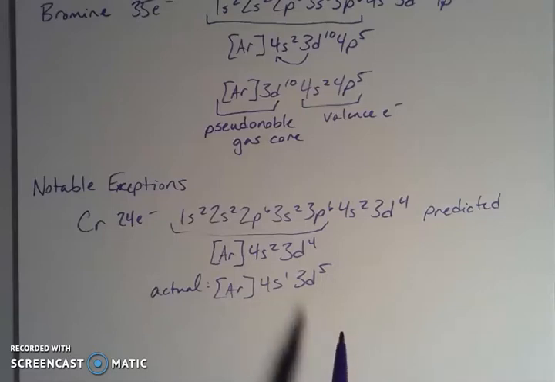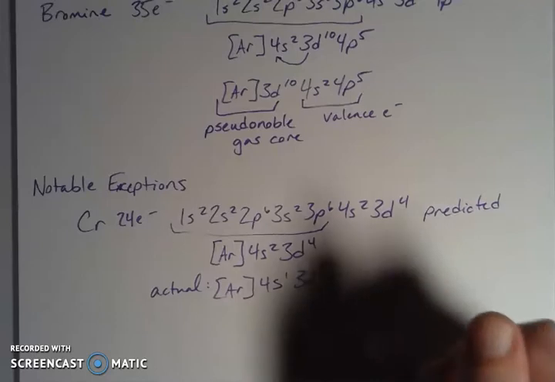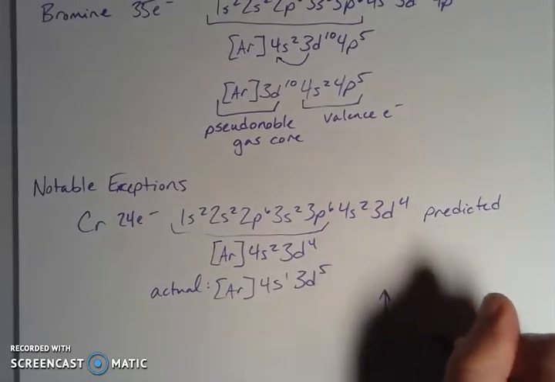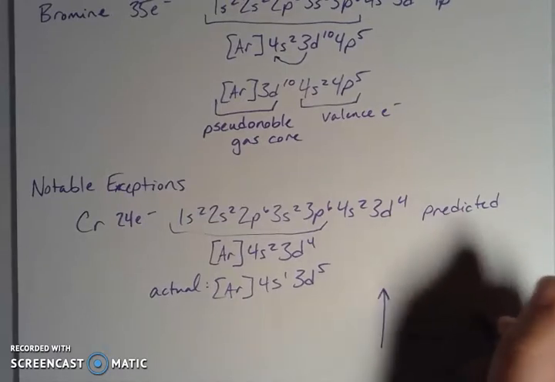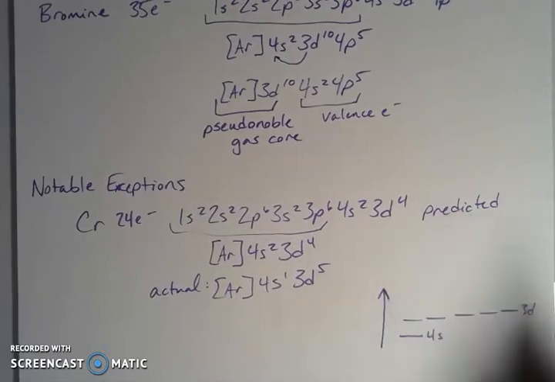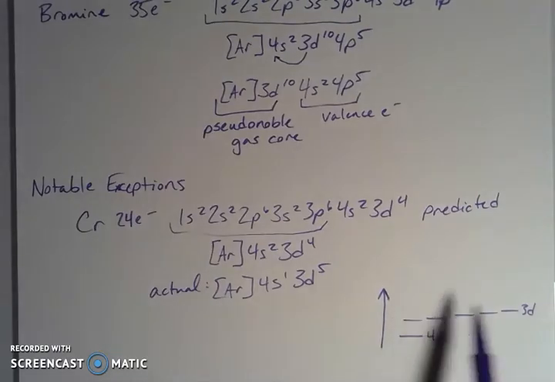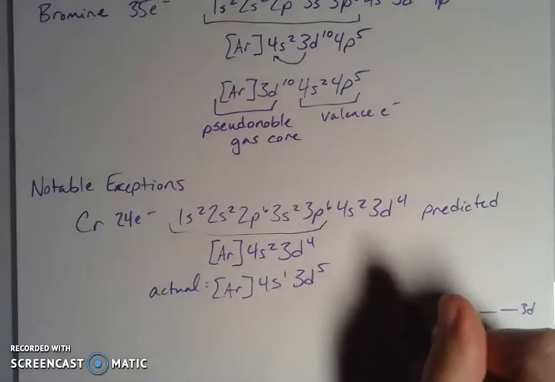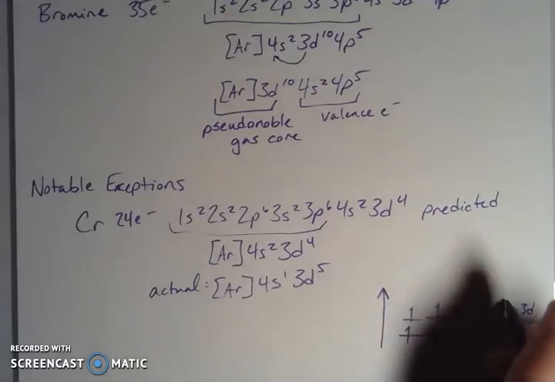If we're picturing this on our energy diagram, and here's my 4s, and here's my 3ds, then predicted I'd have a pair here and 4 in this guy. But my actual says I have 1 here, 1 here, 1 here, 1 here, 1 here, 1 here.